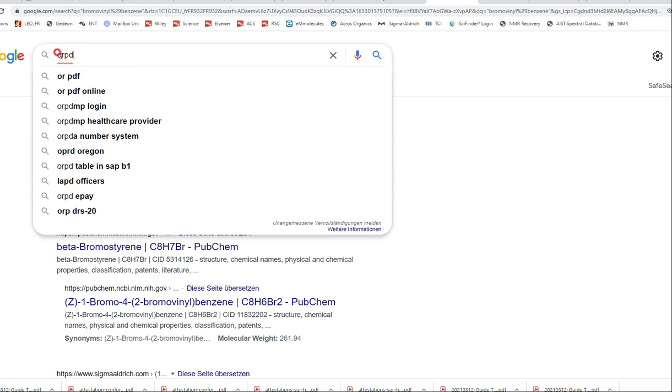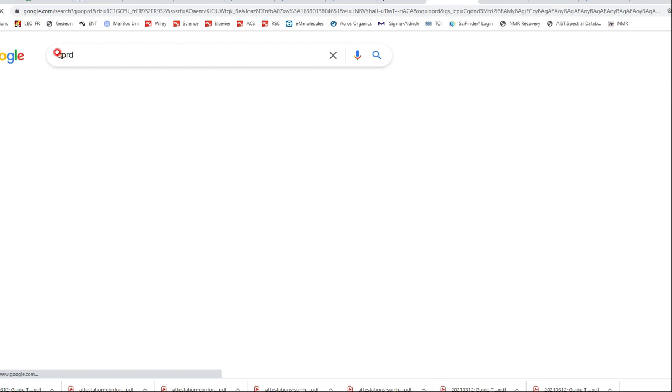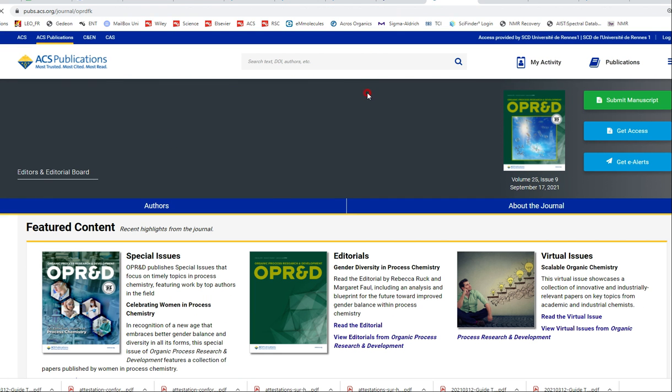A journal which I really like is OPRD. Let's see, OPRD. Okay, so it's the Organic Process Research and Development paper. Why do I like this paper?